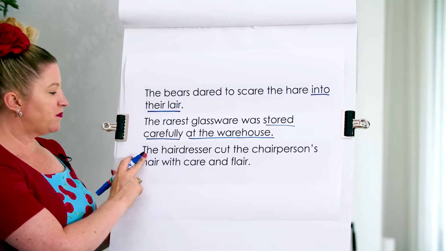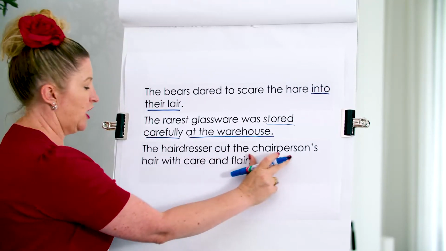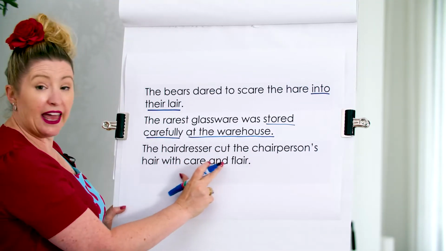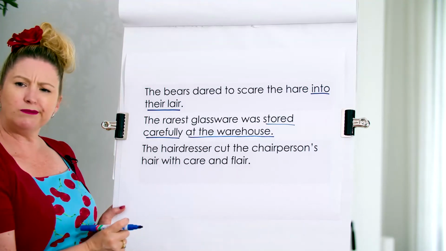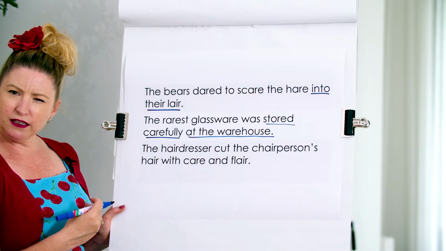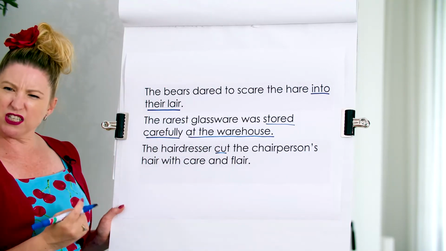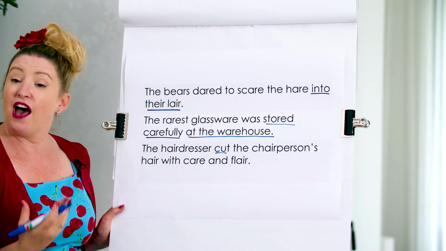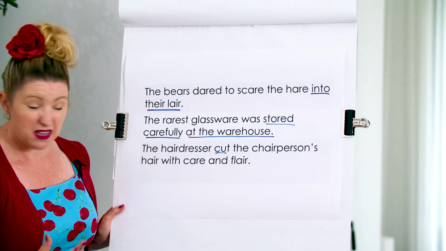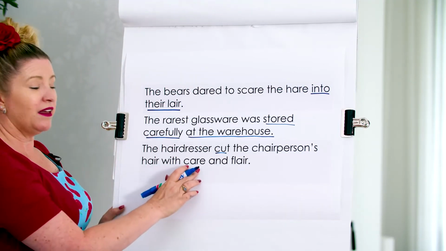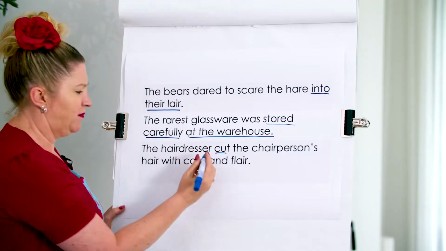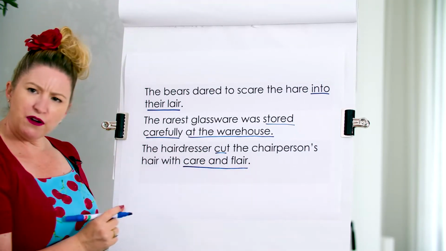Last sentence. The hairdresser cut the chairperson's hair with care and flair. What's the verb? What's happening in here? The hairdresser, they cut the chairperson's hair. How did they cut the chairperson's hair? They cut it with care and flair.